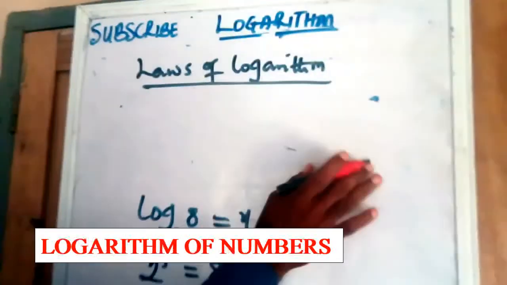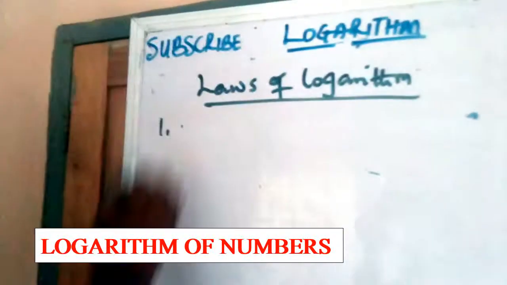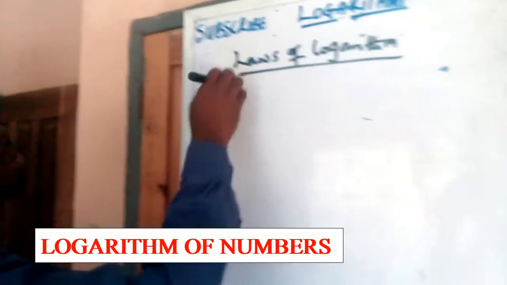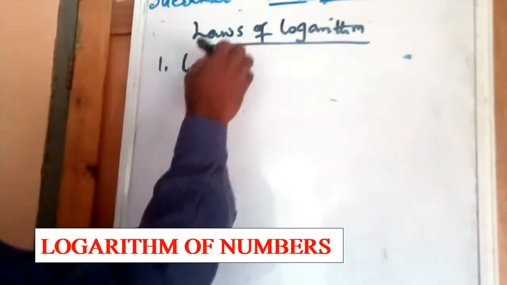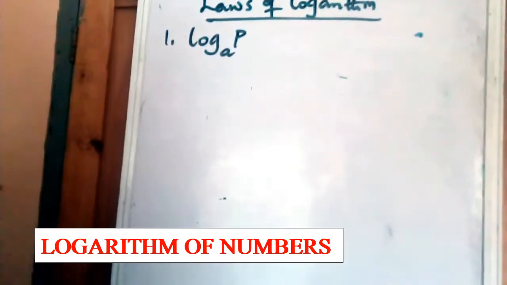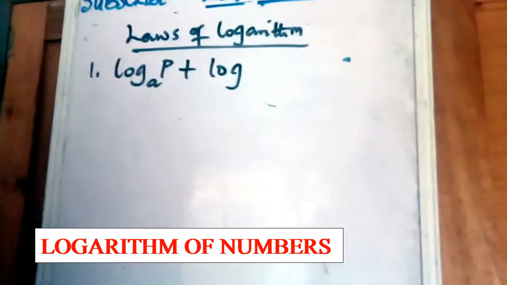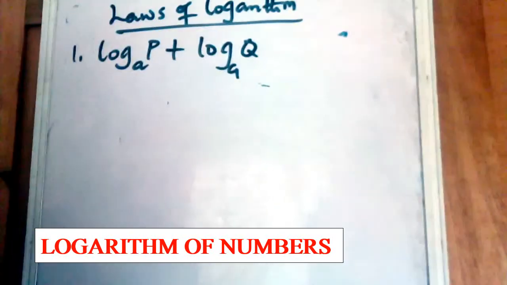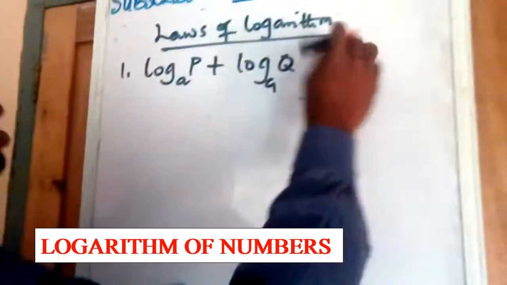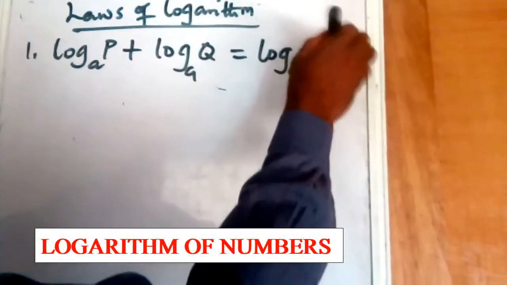The first one, number 1: log of p base a plus log of q base a is the same thing as log base a of pq.